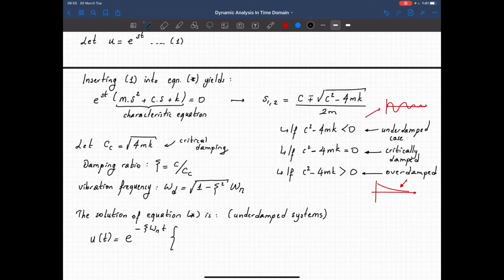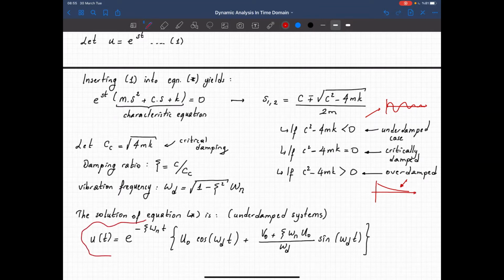Of course, I'm putting the initial conditions in their place. u0 cosine omega d times t plus v0 plus xi omega n u0 divided by omega d, sine omega d times t. So that's the solution for a damped free vibration.